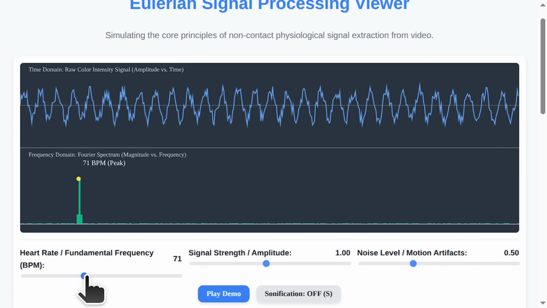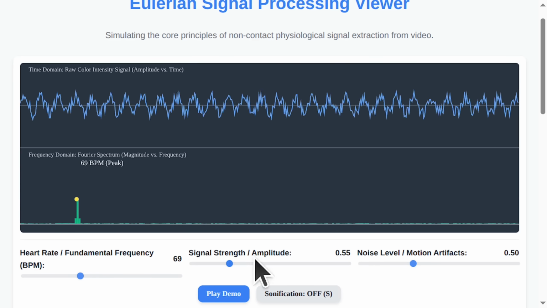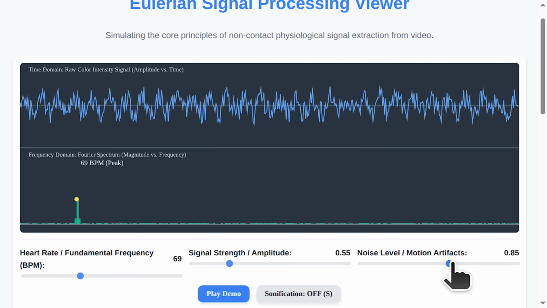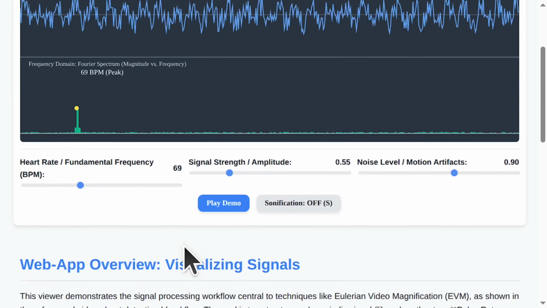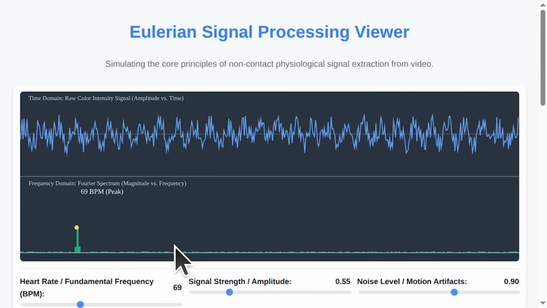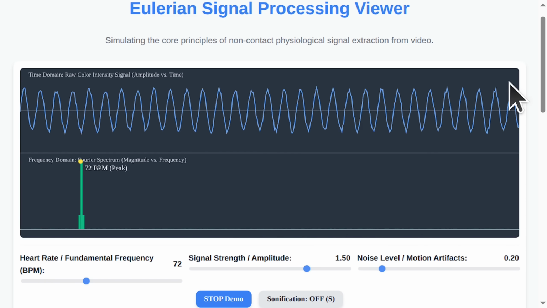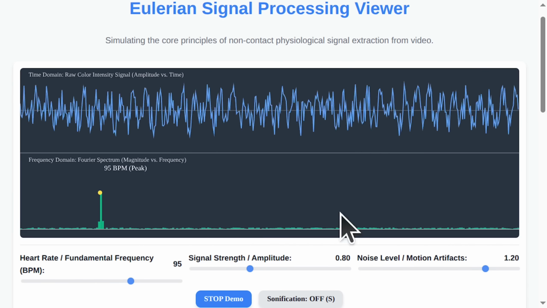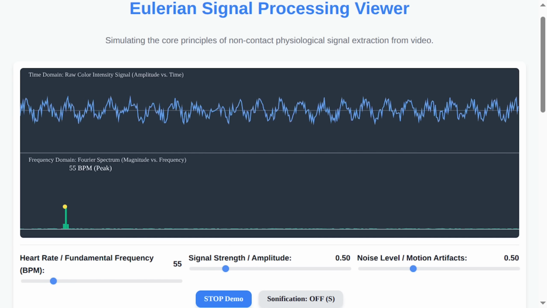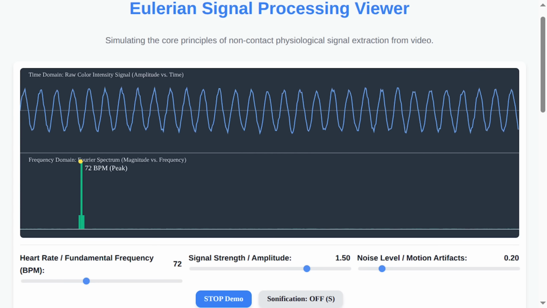Yeah, so you can change your heart rate, signal amplitude, noise. There's an explanation at the bottom of the page, as per usual. The demo will just scroll all the controllers on the page to show what they are doing, which is good for testing.